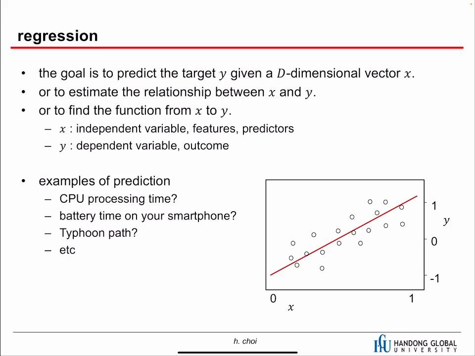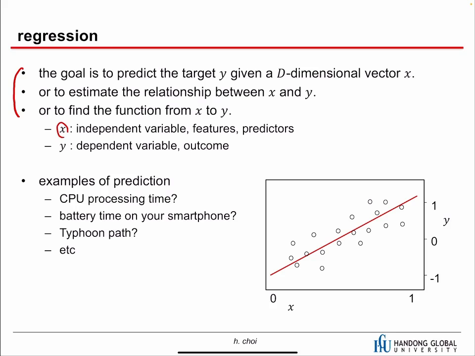Or we can understand regression as estimating the relationship between x and y, or, in other words, finding the function from x to y. So basically, these three items are saying the same thing. Usually x is the independent variable, x is features or predictors, and y is the dependent variable.